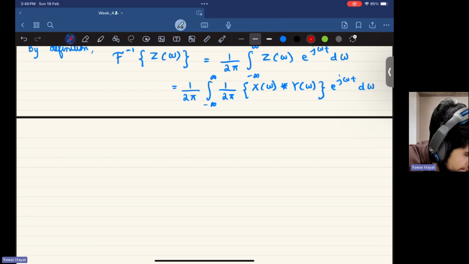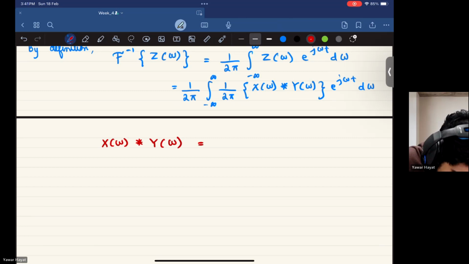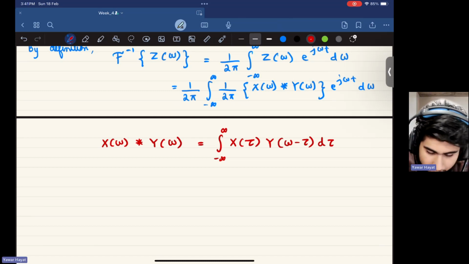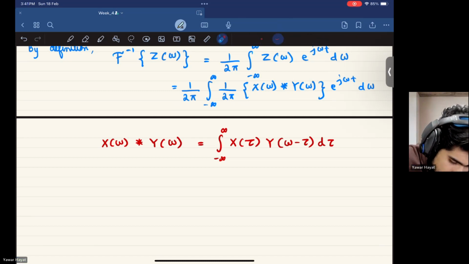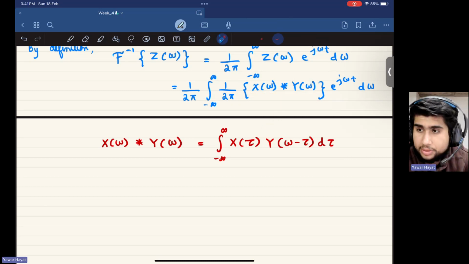And let me even write that this X of omega convolution Y of omega, by definition, is the integral from minus infinity to infinity of X of tau and Y of omega minus tau d tau. That's what this quantity is by definition.